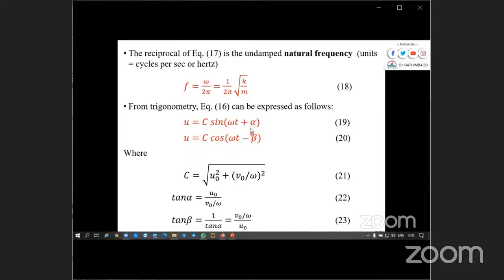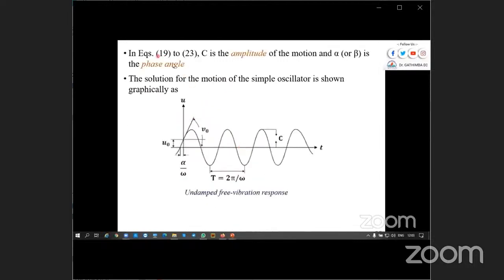Okay, then the betas or the alphas will be the phase angles. Okay, the omega t now, this one gives us the period, of course, we know it's 2 pi. And then omega is the angular frequency. Such that when we come to this slide here, from equation 19 to 23, you're saying C is the amplitude of the motion, alpha or beta is the phase angle, and this is our solution of the motion for the simple oscillation.